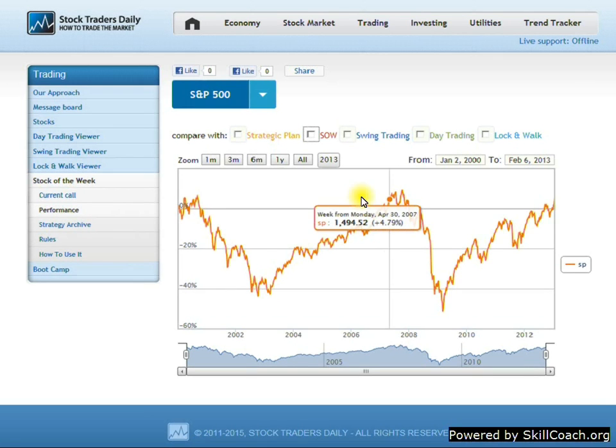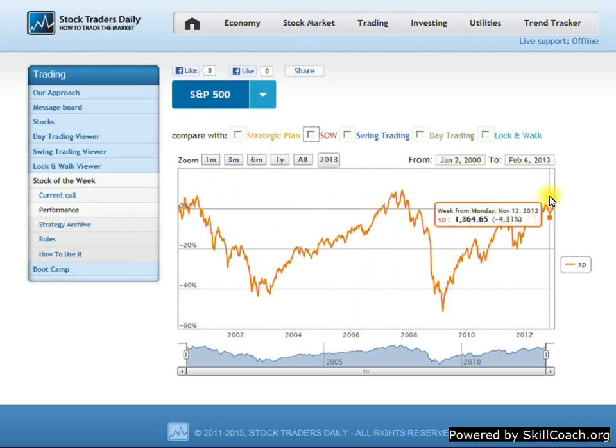So what do we do about that? Yeah, the S&P is basically flat. It's gone nowhere since 2000. That's 13 years of doing nothing. And now the risks are there again.